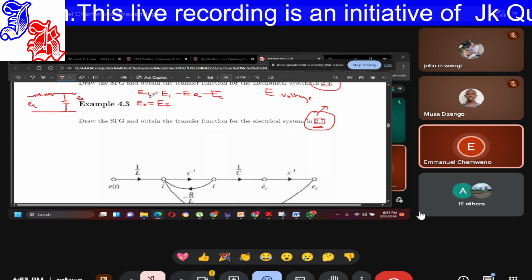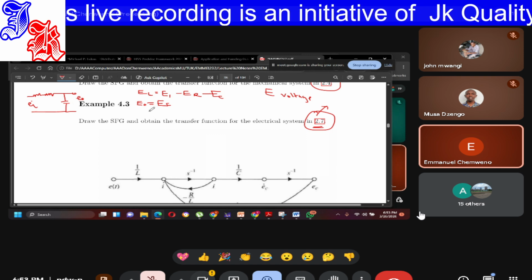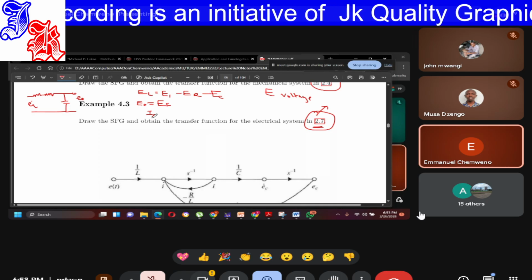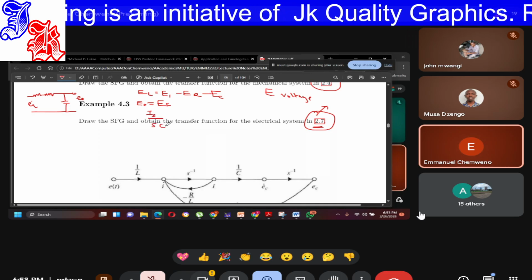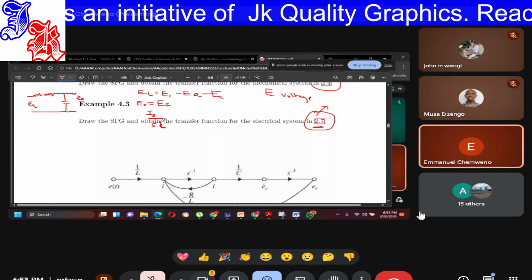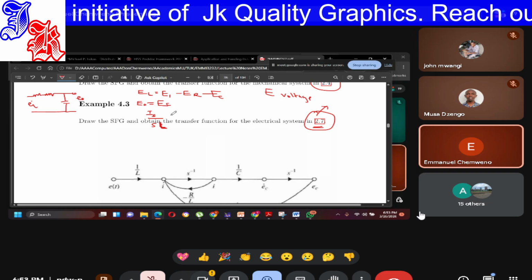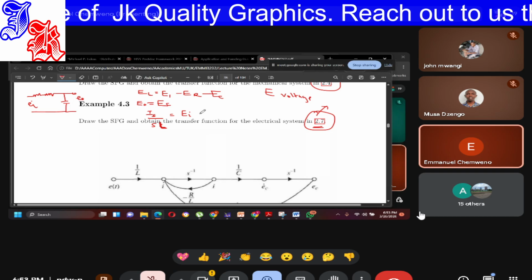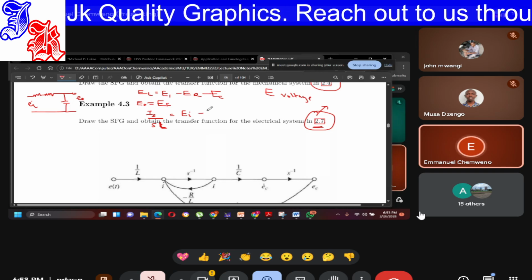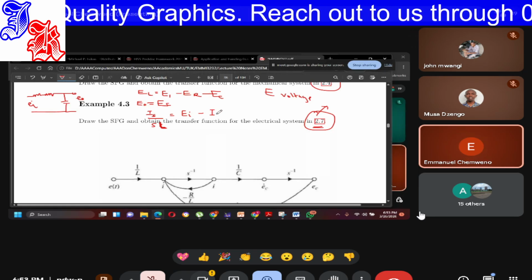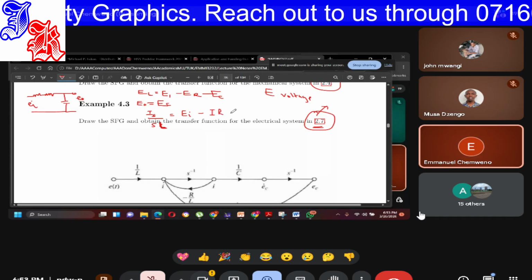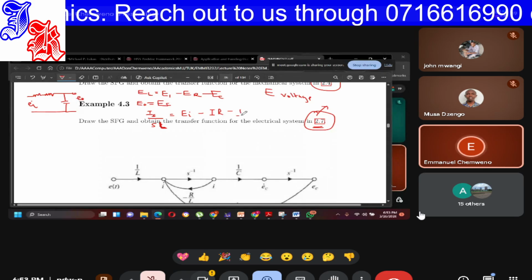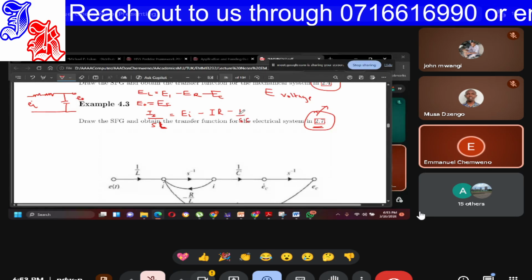So this was EL, which is I over SL, is equal to EI minus I times R minus I over SC.